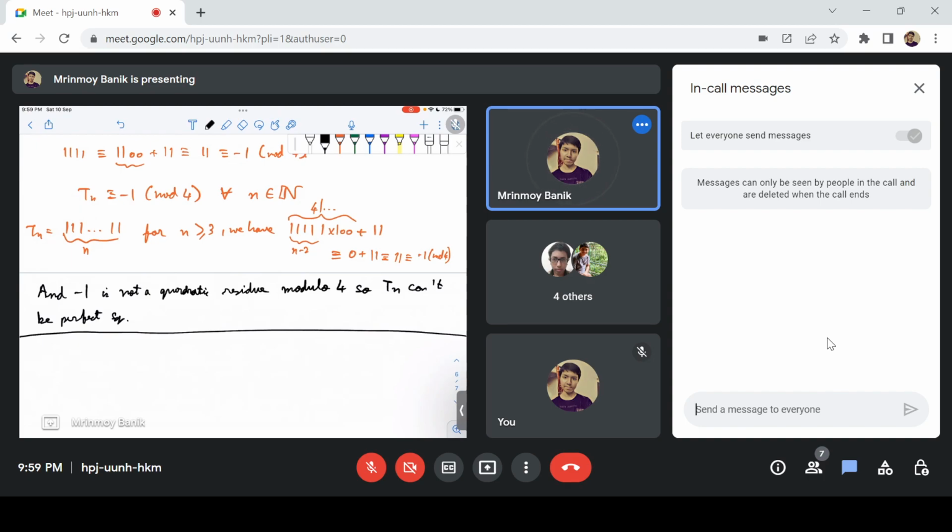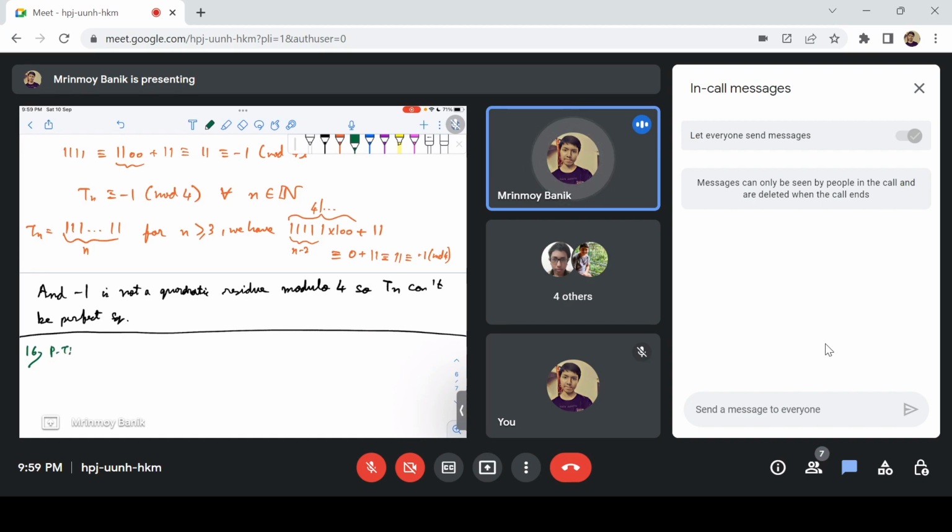Right, so another application. Another application is problem number 16 of exercise 1.1.